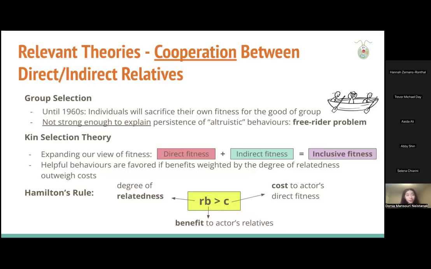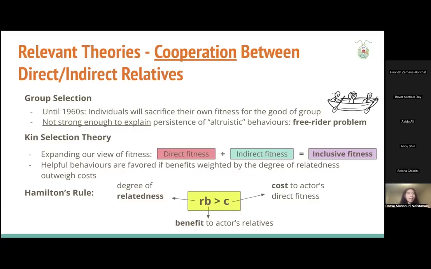So we expanded our view of fitness from including only direct fitness, which has to do with the number of offspring that an individual has. And so this is really easy to make sense of in terms of parental care and why a parent would want to help their child, because that's directly their genes and their alleles being passed on to the next generation.